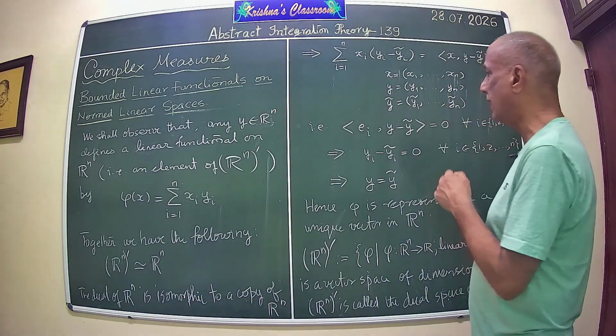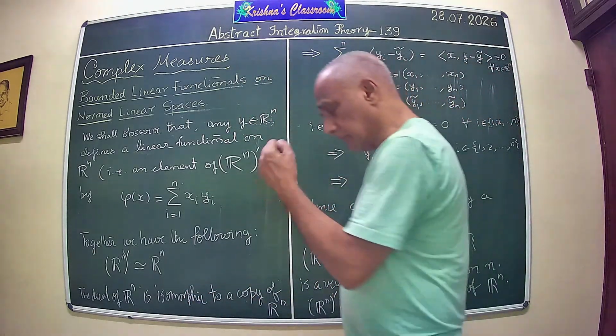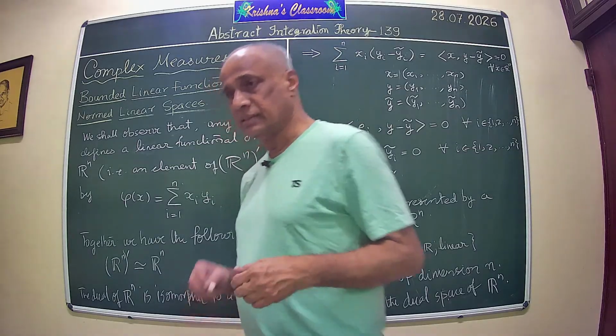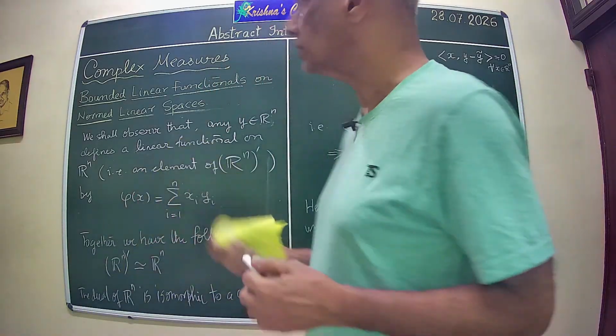Okay. That is, this identification of phi with y is the corresponding isomorphism.